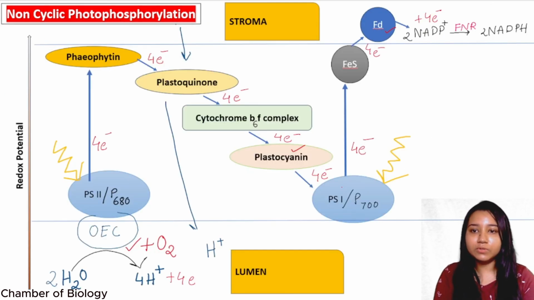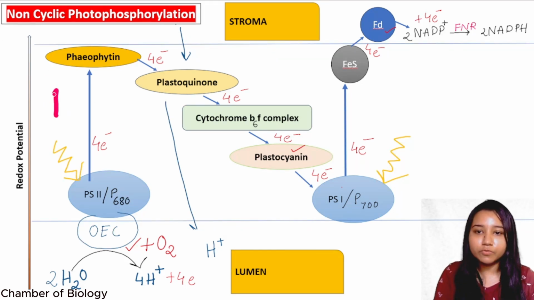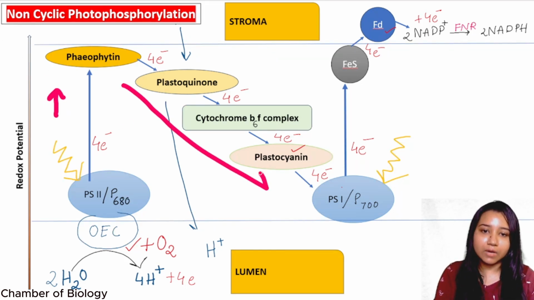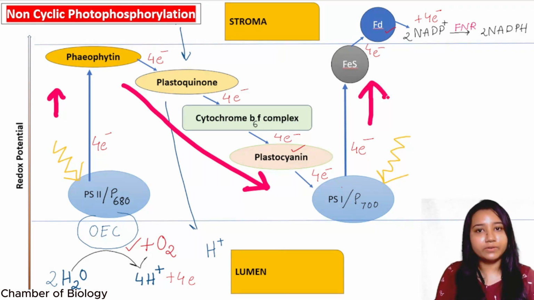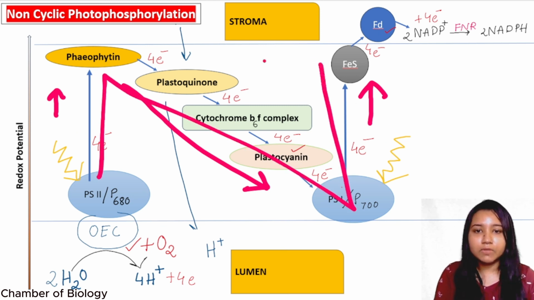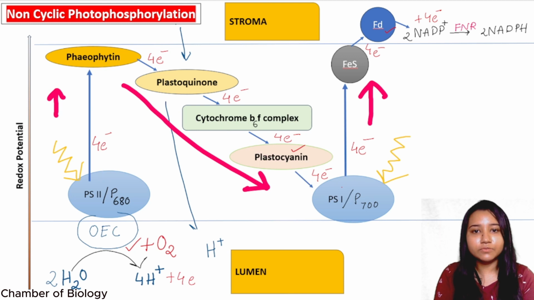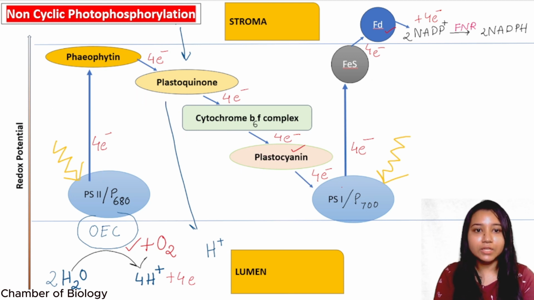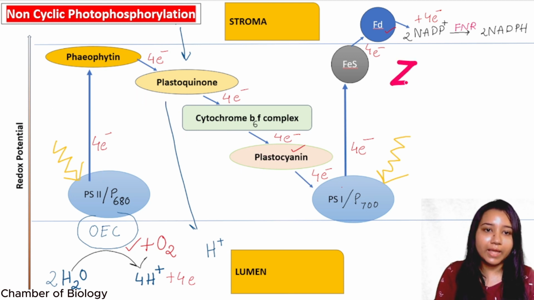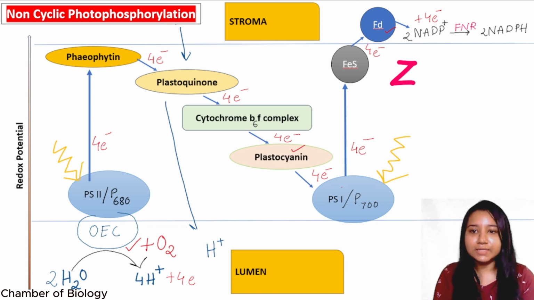So let us now come to this picture. What we can notice, students, is there is going to be a kind of uphill movement, and then we can see downhill movement, and then we can again see there is an uphill movement, right? So here, can't we see there is a Z scheme that is forming? Yes, so that is why this is also called the Z scheme.